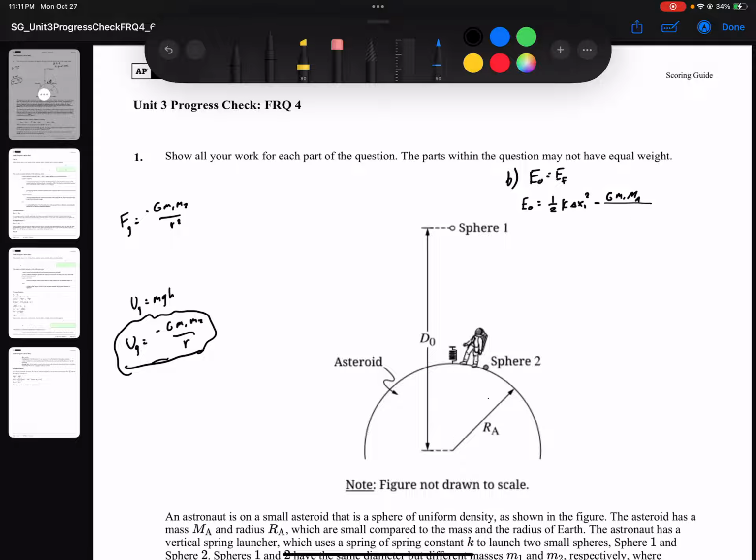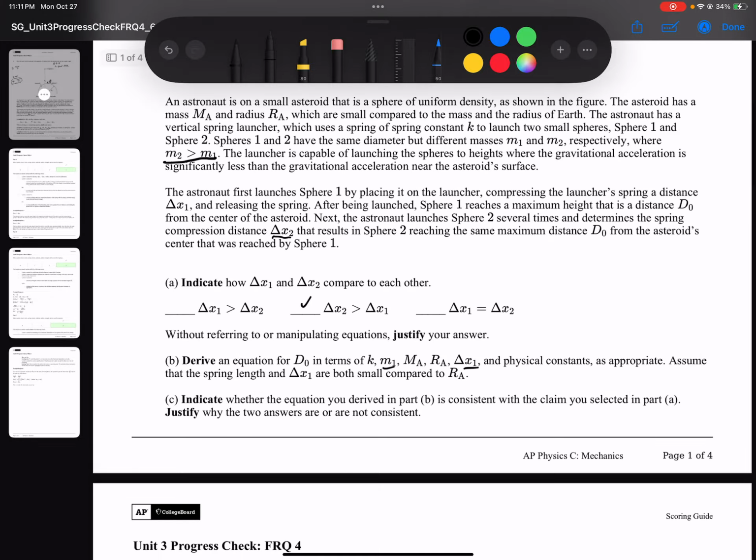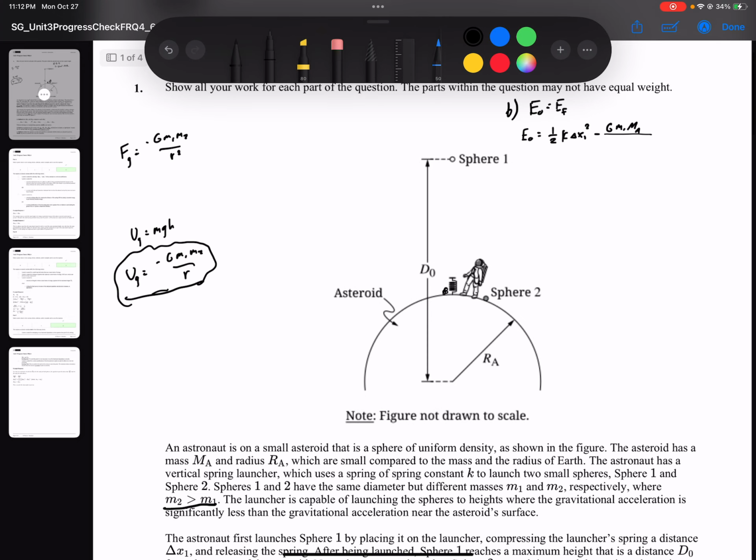So the spheres start at r sub a, right? So the length of the spring, the delta x of the spring, is insignificant, they're both small compared to r sub a. So the initial position of the ball, we're going to say that it's at a distance of r sub a with respect to the center. So divided by r sub a.